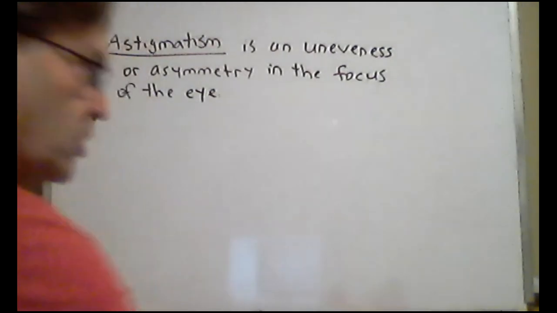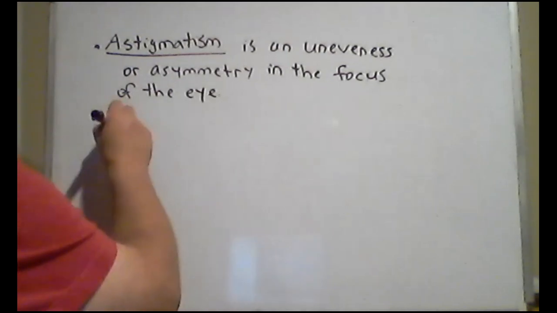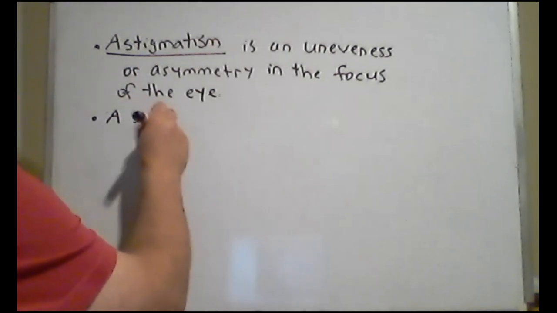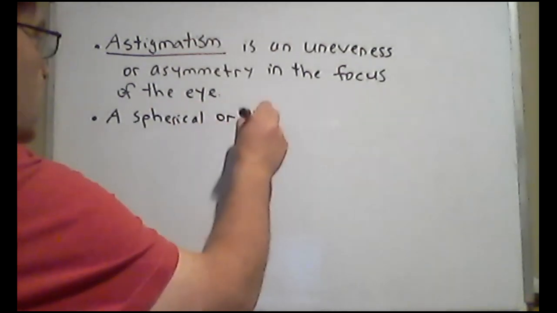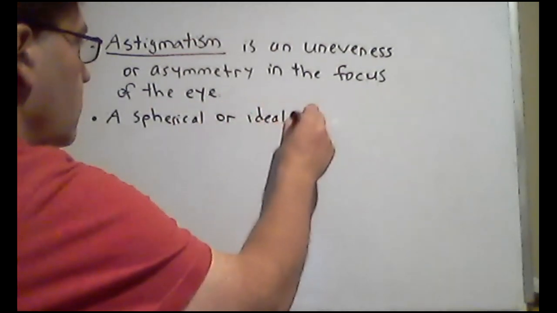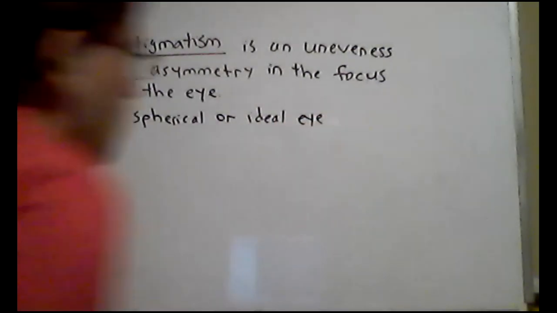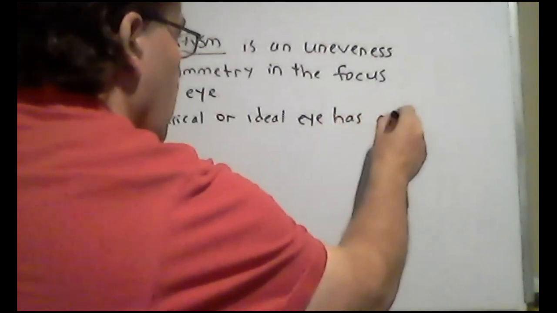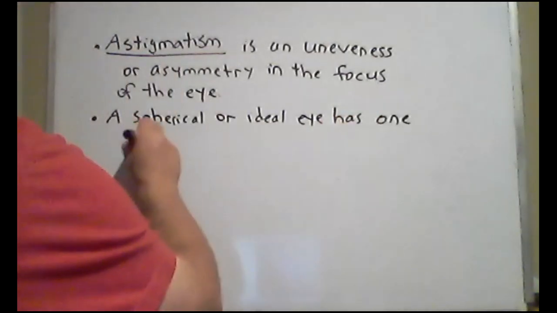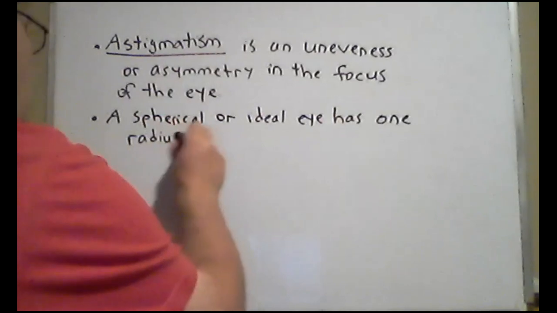There's one radius for a sphere. So a spherical or ideal eye has one radius.